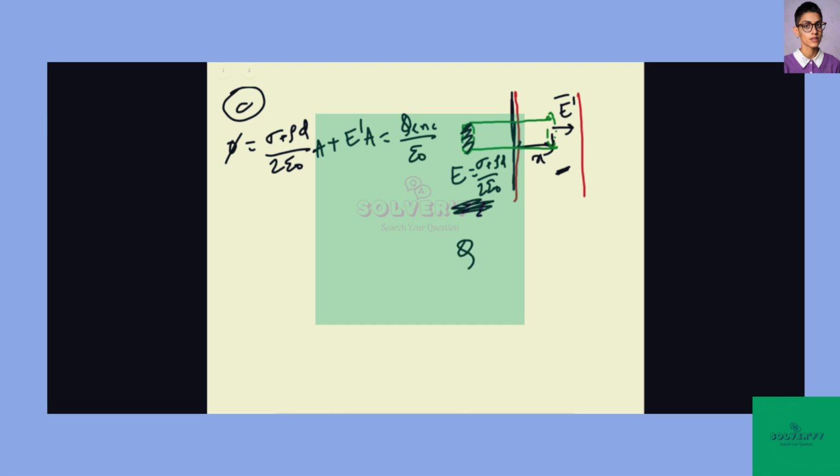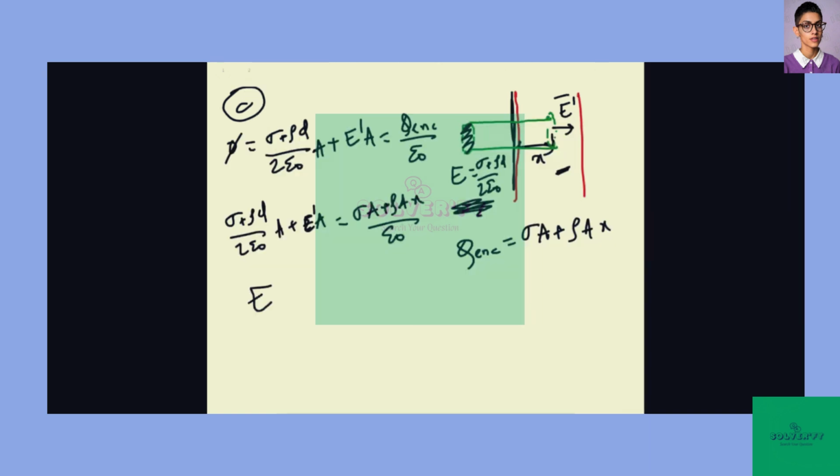The charge enclosed, as we would expect, has again two contributions. The surface charge gives you sigma A, whereas the volume charge gives you rho times the volume, which would be A x. Hence, sigma plus rho d by 2 epsilon naught, times A, plus E dash A will be equal to sigma A plus rho A x, divided by epsilon naught.